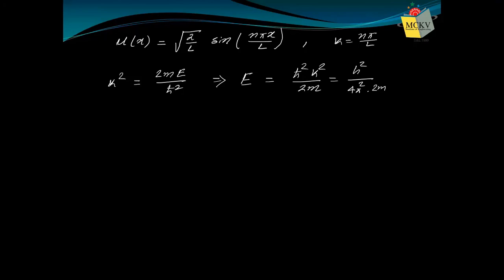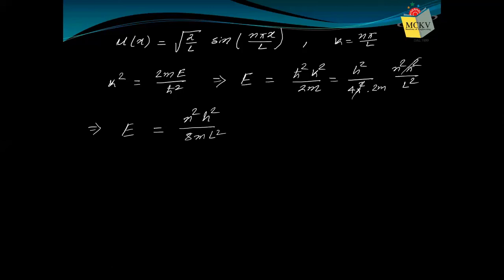Now k square means n square pi square by L square. So what do we get? E equals, pi square cancels out, so what we have is n square h square by 8m L square.